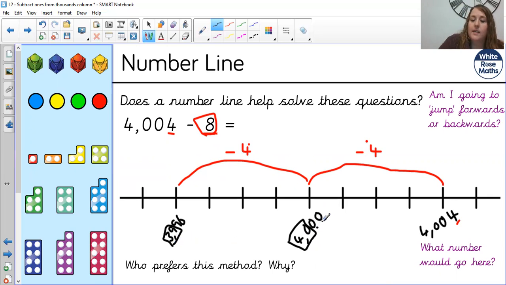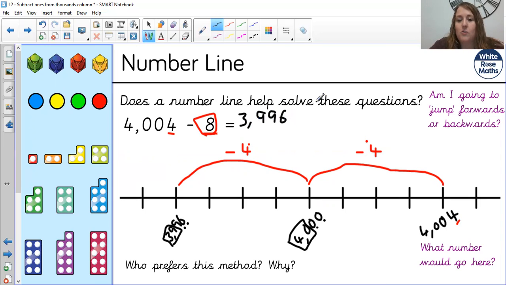So your zeros here, and we've worked out that it was 96 if we took away 4, because 6 and 4 is our 10. So the answer is 3,996.